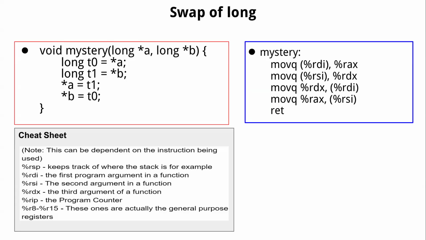Actually we have two temp variables, T0 and T1. Those temp variables will be stored in memory, or they can be optimized away. At the C code level, you don't need to consider that. You consider that we have two temp variables, we're getting the value from address A and from B, then we swap them.